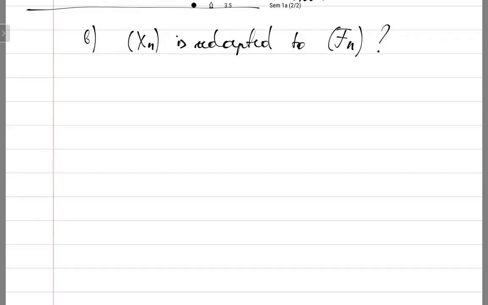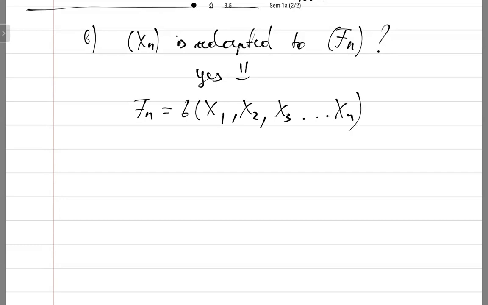When we say Xn is adapted to Fn, this means that Fn contains enough information to calculate Xn. Yeah, the answer is yes, by construction. Fn contains enough information to calculate X1, X2, X3, Xn. So by construction, Fn is the information we need to know.